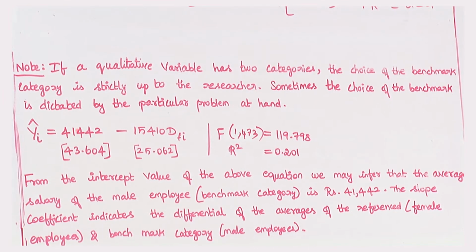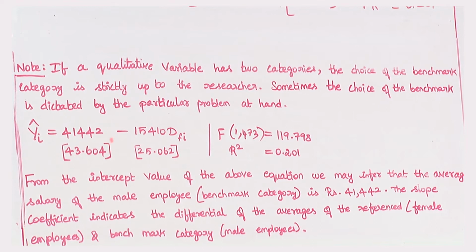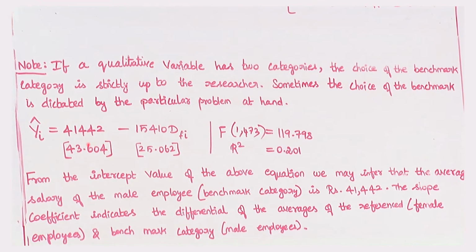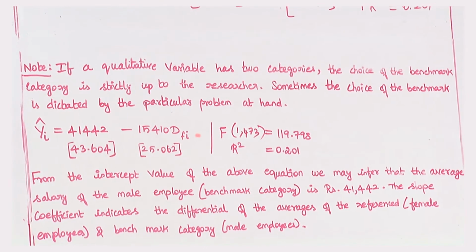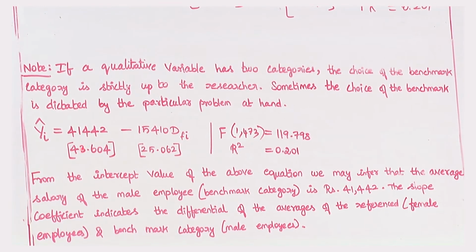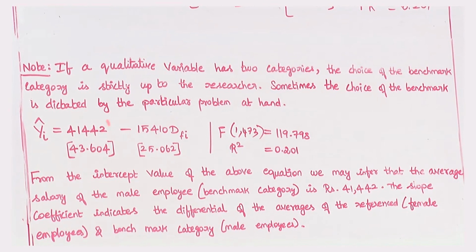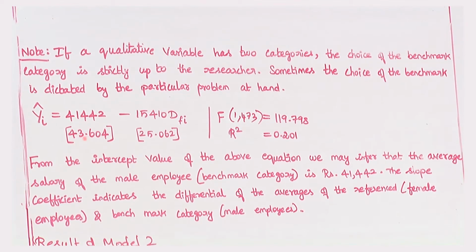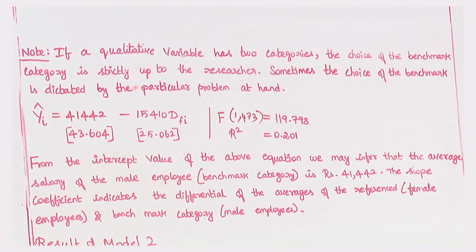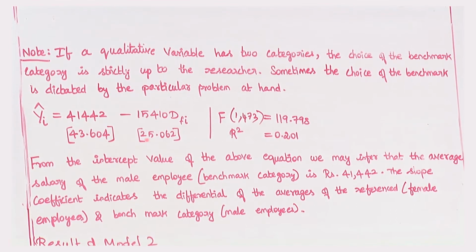So, this one, the 41,442 is the salary of the base category in this case. Female is the reference category, the left out is male. So, the intercept term indicates the salary of the male employees, and this one shows the difference between the salary of the reference category and the salary of the base category.